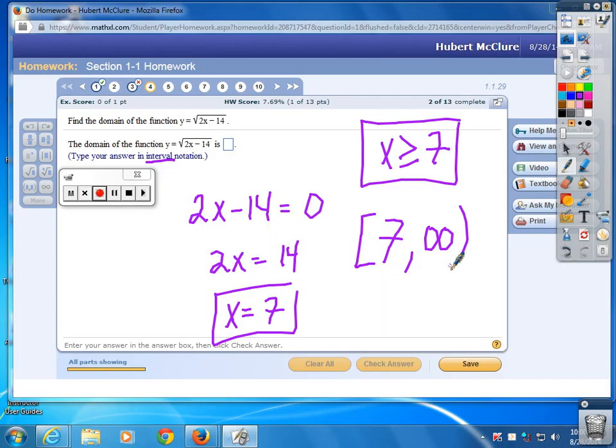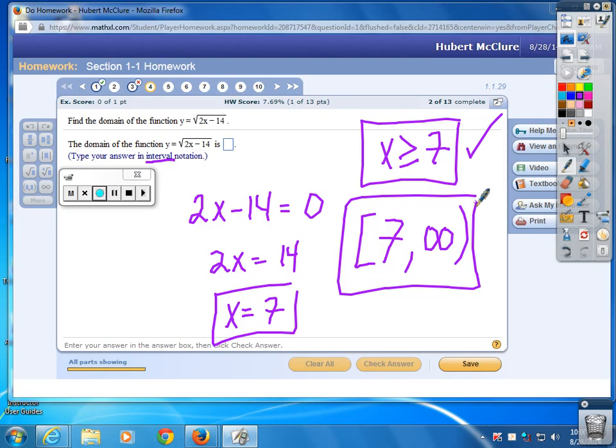Why did I put a parenthesis on infinity? Because we can't bracket it. You can't touch it. Exactly. You can't tell me what infinity is. So therefore it has to have a parenthesis. Good job. So this is an answer. The only other is set builder notation.